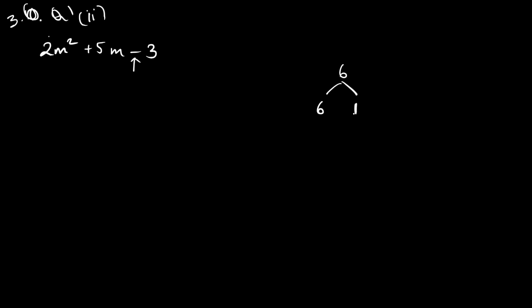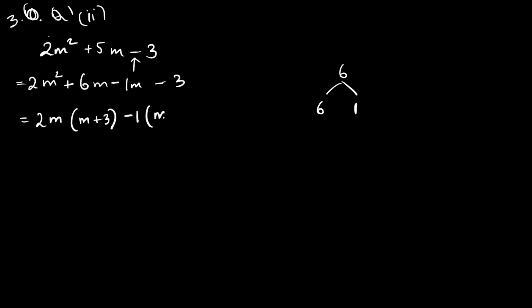The last sign is minus, so we need 5 to come after subtracting. So I'll write 2m square, and 5m I'm writing like this, 6m and 1m, minus 3. 5 will go to the bigger number, minus will go to the smaller number. Then I can take common: 2m will come common, and here m remains, plus 3. Here minus 1 will come common, m plus 3. So if I take m plus 3 common, I'll get 2m minus 1.